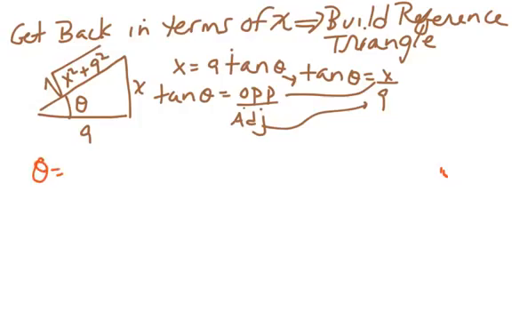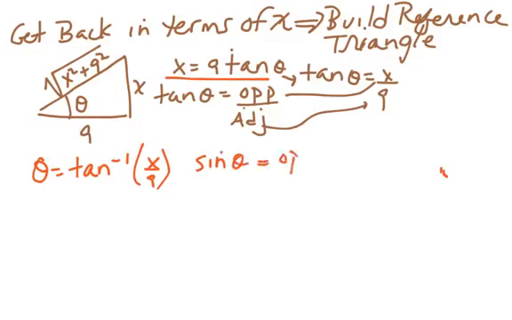Well, theta, I already know, is based off of this trig substitution that we made. Theta is just tangent inverse of x over 9. So that one was pretty straightforward. Sine of theta is opposite over hypotenuse, and cosine of theta is adjacent over hypotenuse.